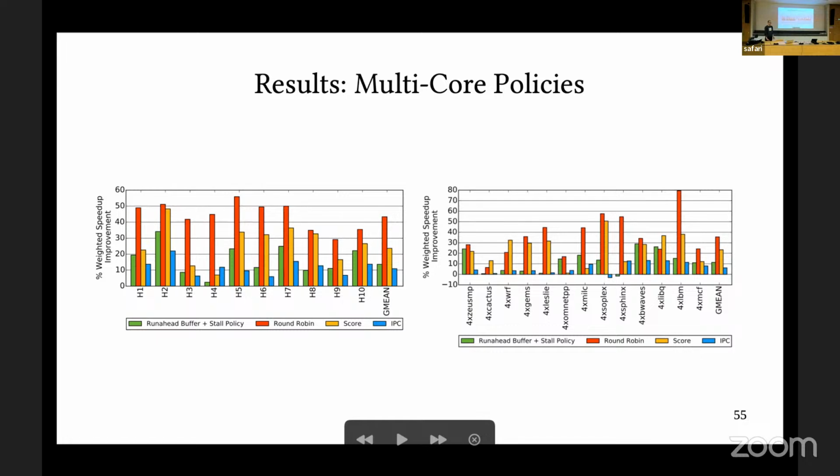So this drags out the window and, as we've seen in the previous slide, reduces the accuracy. That's why the IPC policy is actually the worst. But like I said, this is not really obvious at all. The best is just a fair round robin, turns out. What do you know?